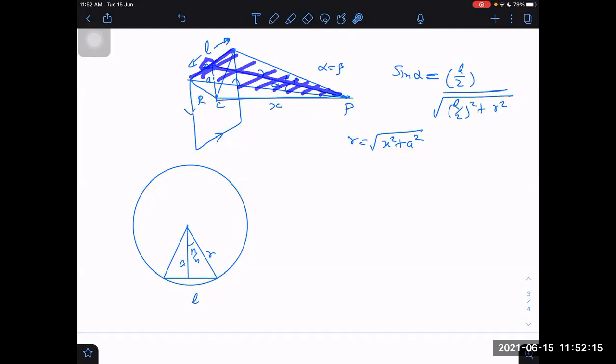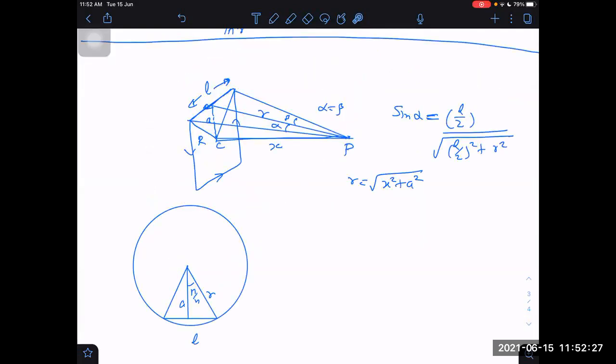The dL vector is on this side. Field lines will be in circular loops around this wire, so at this point P, the field will be perpendicular to this plane, and also perpendicular to R.